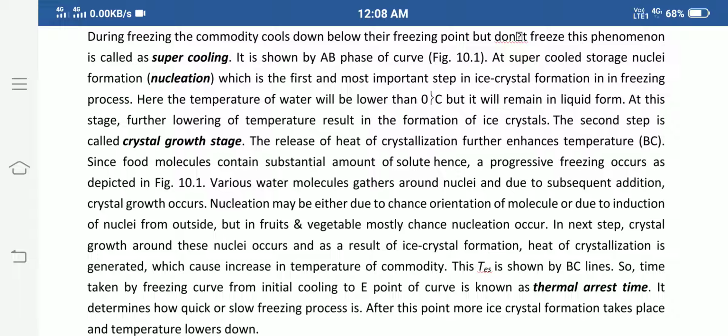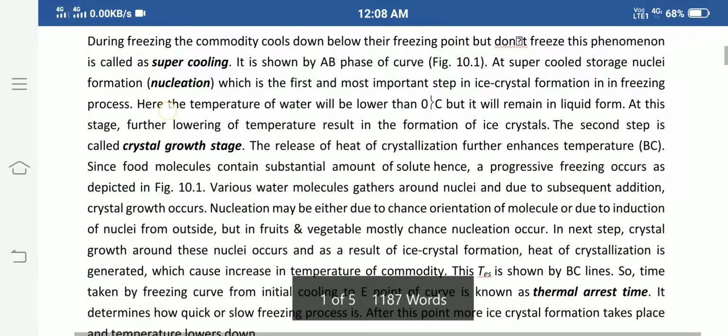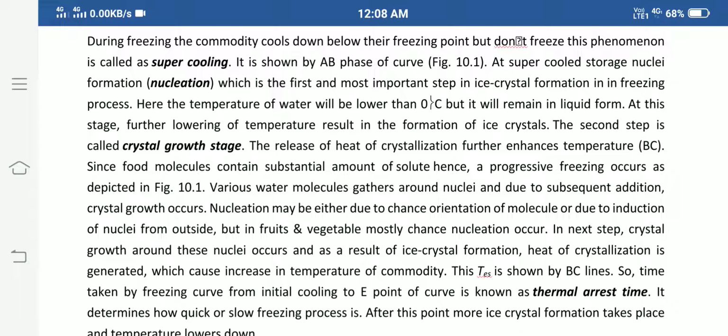At supercooled storage, nuclei formation or nucleation occurs, which is the first and most important step in the ice crystal formation in the freezing process.